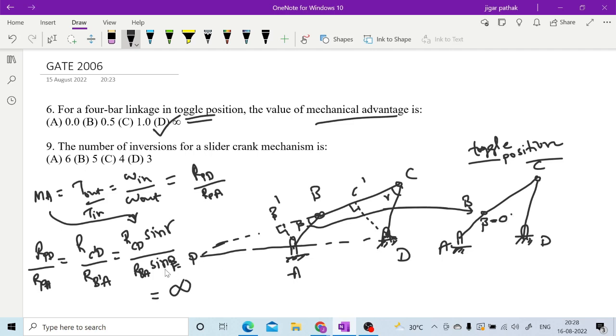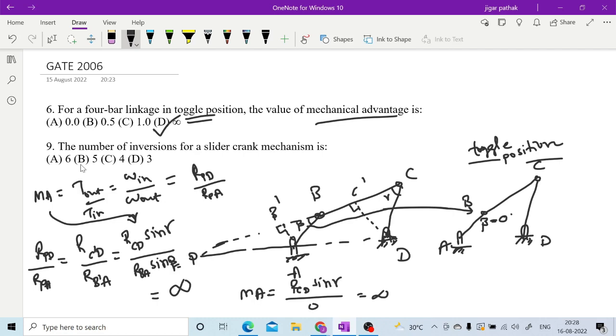That is why this sine 0 is 0, right? And as sine 0 is 0, your mechanical advantage is nothing but r_CD sine gamma upon 0. Anything upon 0 will be infinity only. So for this also you will have this mechanical advantage as infinity, right?